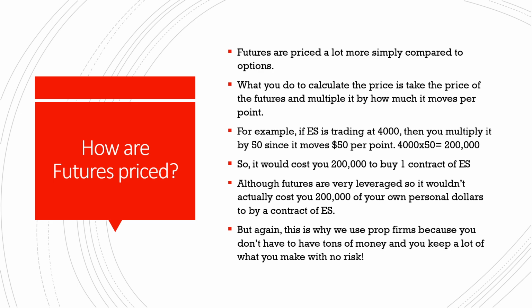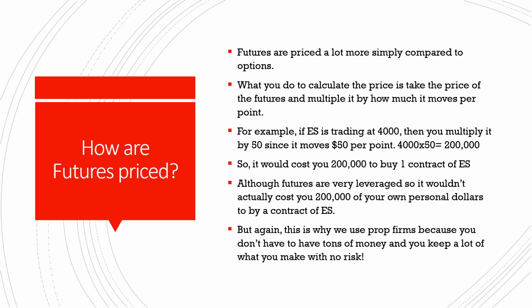With ES, it's trading right around 4,000, so you multiply it by 50 since it moves $50 per point. 4,000 times 50 is 200,000. So technically it costs you 200,000 to buy one contract of ES. Although they are so leveraged, you don't actually need $200,000 of cash to buy one contract.